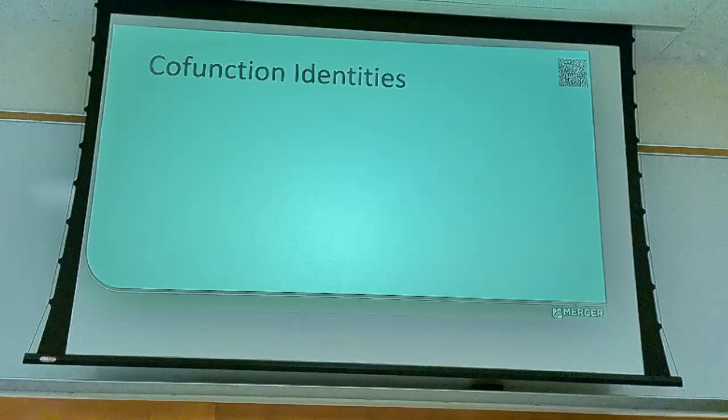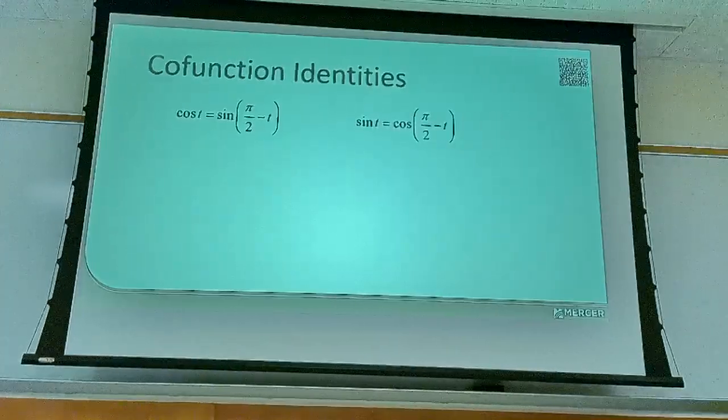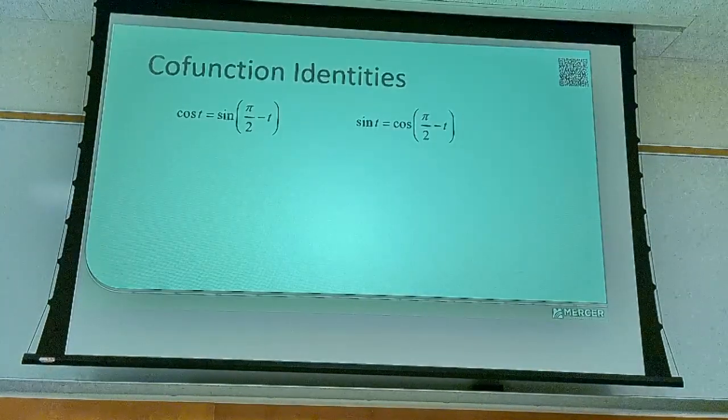Identities are cofunction identities. Cosine of t is sine of pi over 2 minus t. Sine of t is cosine of pi over 2 minus t. Right?